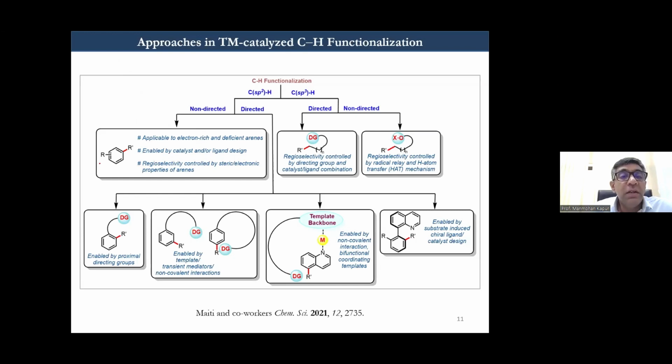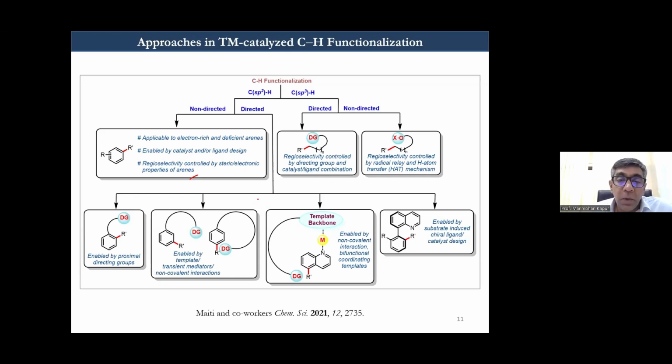Here, the regioselectivity is controlled by the steric and electronic properties of the arene. Whereas in the directed case, as I mentioned earlier, you need to use a Lewis basic directing group. This is enabled either by proximal groups, or you can have a template or a transient mediator. In both cases, you will need some directing group to bring the metal into the proximity of the CH bond that is going to be functionalized.